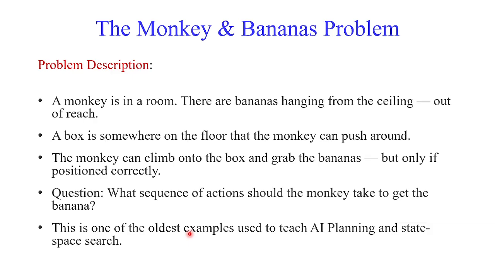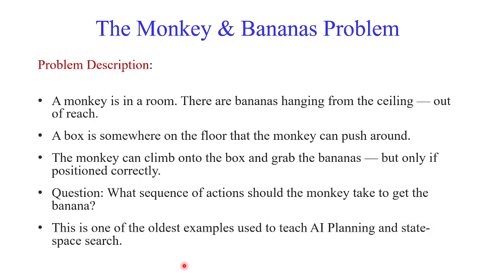This is what the AI planning agent must actually figure out. The agent starts in some initial state, has a set of possible states and actions, and needs to find the sequence of actions, a plan, that leads from the initial state to the goal state.